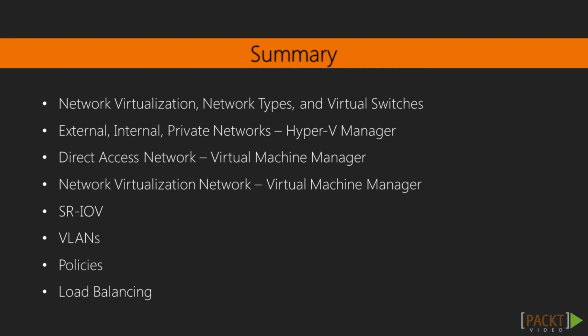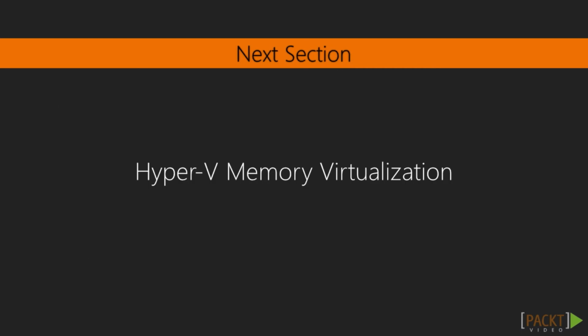You learned about SRIOV, VLANs, policies for security and bandwidth management, and finally about load balancing of Hyper-V hosts in addition to load balancing of virtual machines. In the next section, we will learn about Hyper-V memory virtualization.